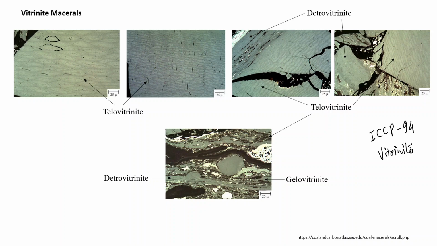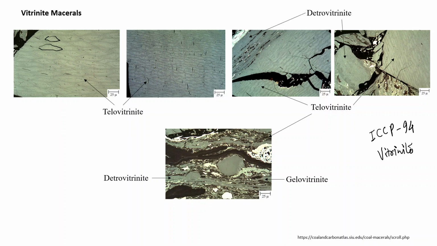Telovitrinite. And in these photographs on the right hand side, you can see that these structures have been preserved, but on the left hand side you see a structureless, homogeneous appearance of this darker, sorry, grayish color. This is the detrovitrinite. These are the detritus form of the vitrinite.